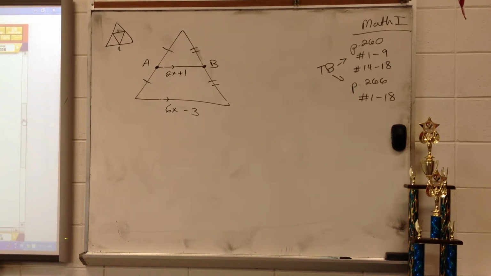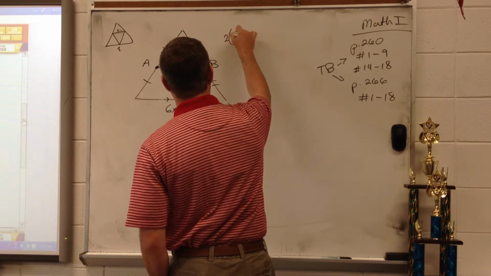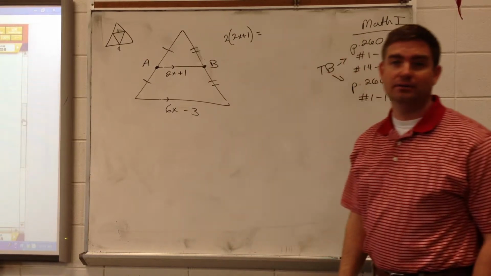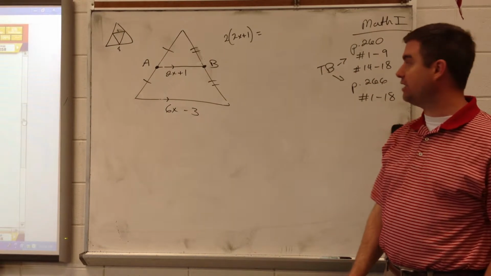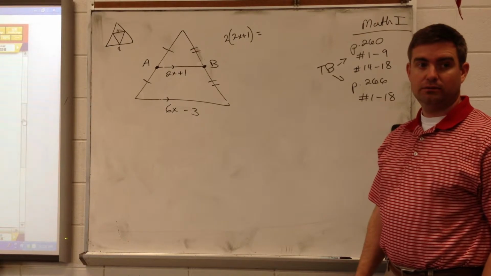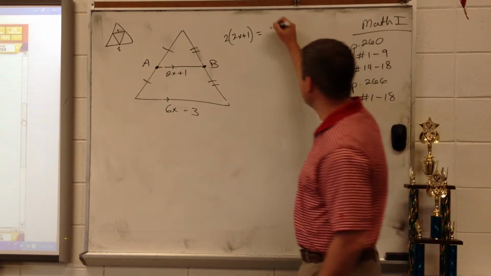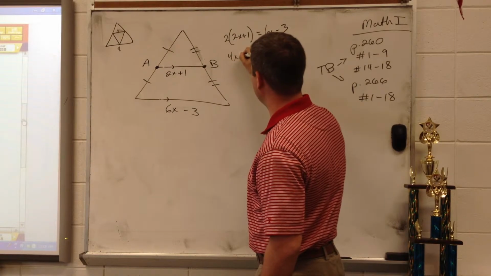Alright, so having said that, a much easier way to do this instead of dividing is to say 2 times 2x plus 1. 2 times the shorter amount. Now I'll be able to set it equal to, Hodges, what is it going to be equal to? Which is? 6x minus 3. Equals 6x minus 3. Exactly right. So I get 4x plus 2.